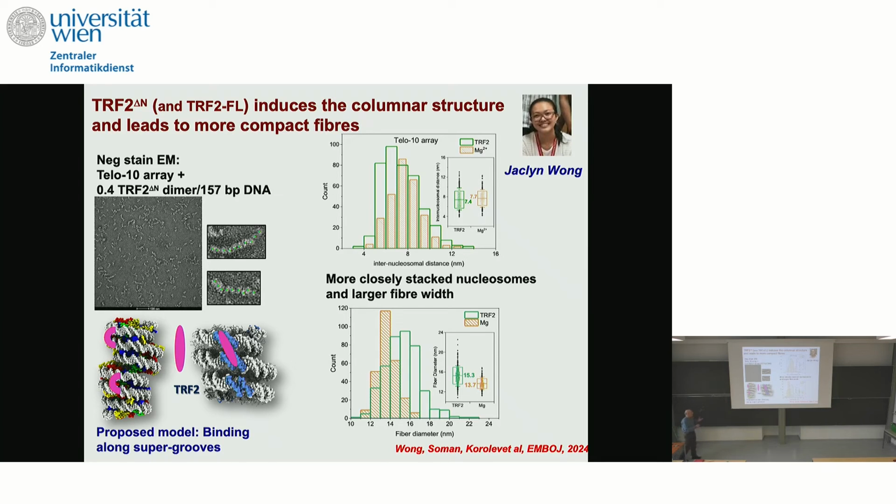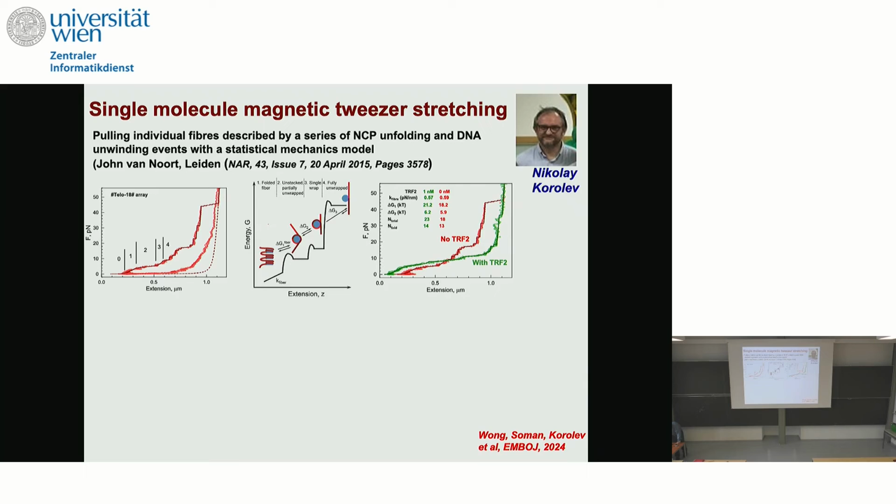This is just a hypothesis, but we propose that TRF2 can align over the supergroups and connect 2 nucleosomes and bind quite strongly, which you can see in binding assays as well. And this is supported by single molecule magnetic tweezer data, and here I have to give credit to John.